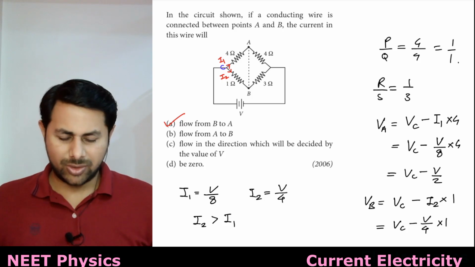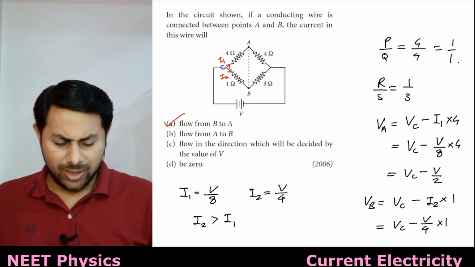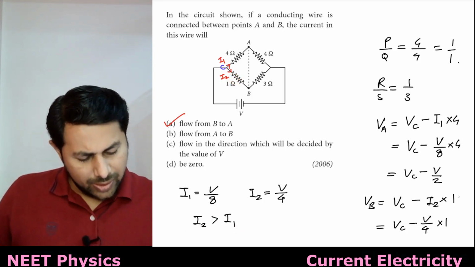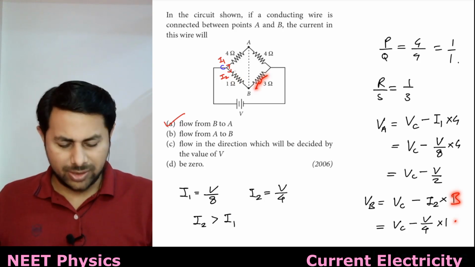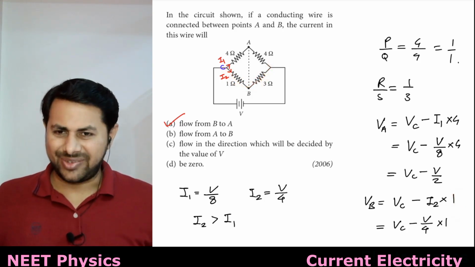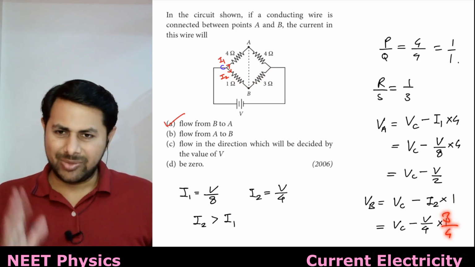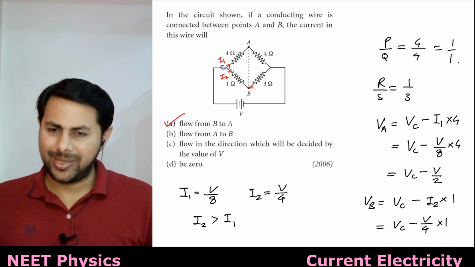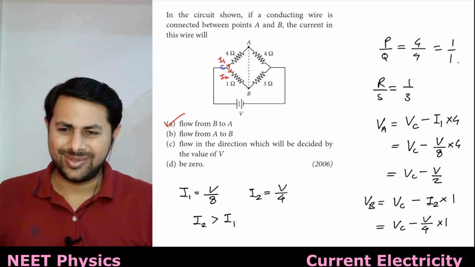Okay, so not like this because I2 is greater than I1, because if you make this thing, I guess, 3 ohms, and this one 1 ohm, still the current would be the same, right? But then the potential will decrease by what? It will decrease by 3 by 4. Okay, so then this one would be at lower potential. The current will flow like this when you connect those two.